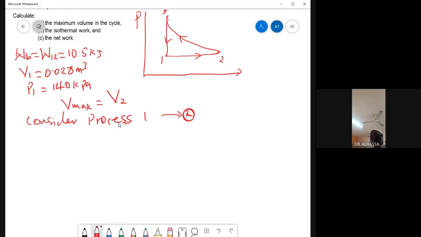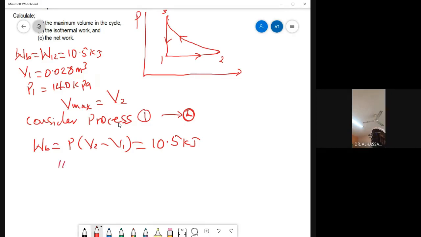Process 1 to 2 is isobaric, so we have P times (V2 minus V1), and we are told this equals 10.5 kilojoules. We know the pressure, 140, and we know the initial volume, so we can find V2.